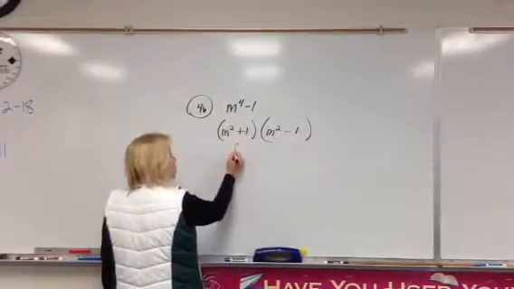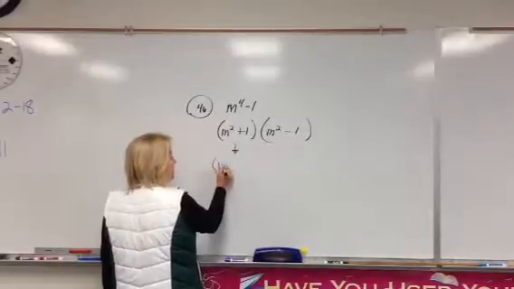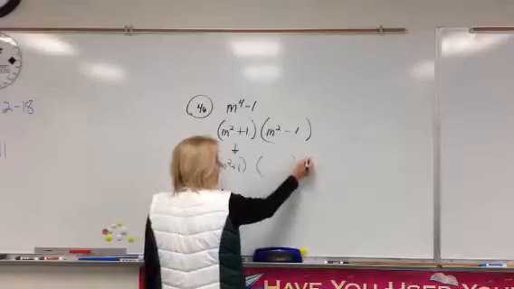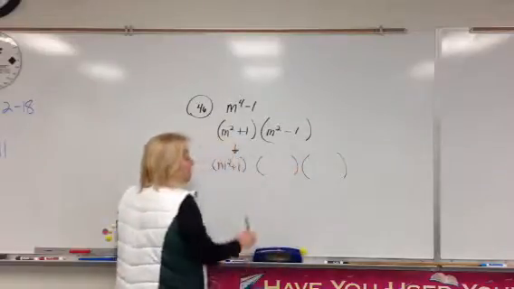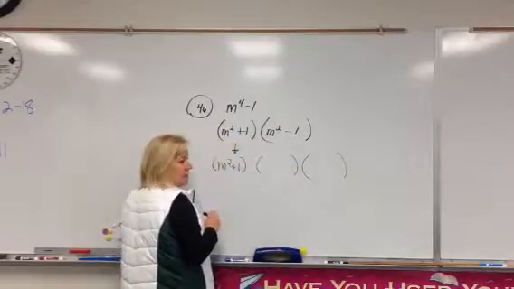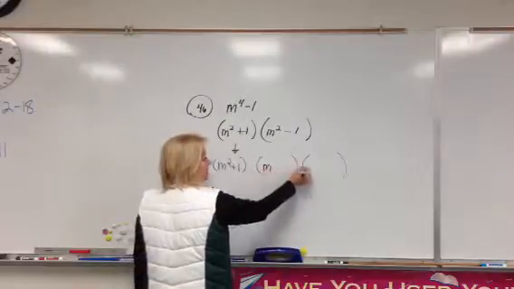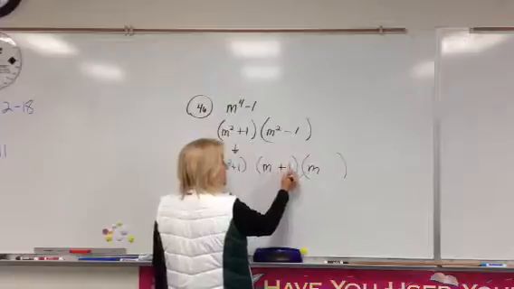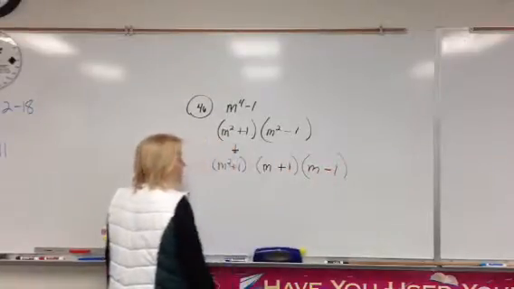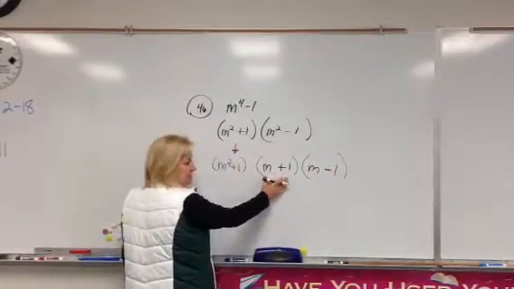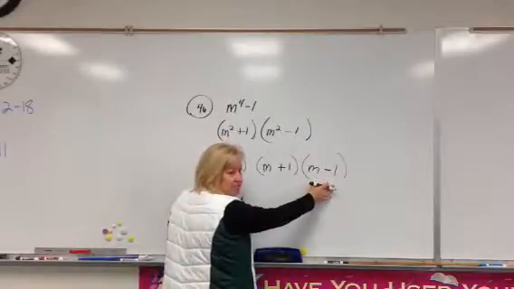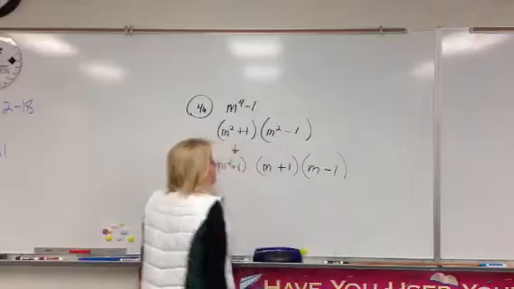Yes. So this one I'm just going to write m squared plus 1, and this one I'm going to break down into 2 more. Square root of m squared is m, and the square root of 1 is 1. 1 is plus, 1 is minus. I can't do anything else with this because it's plus, but I need to check this one. Can I take square roots again? No. Okay, so we stop there.